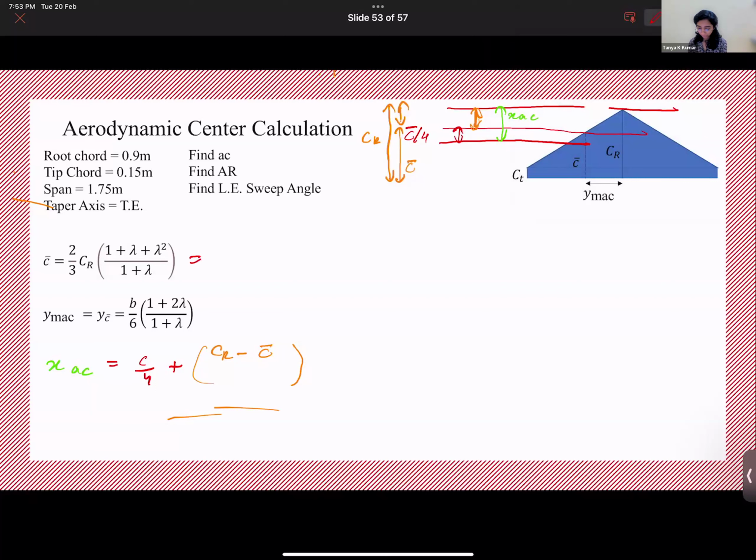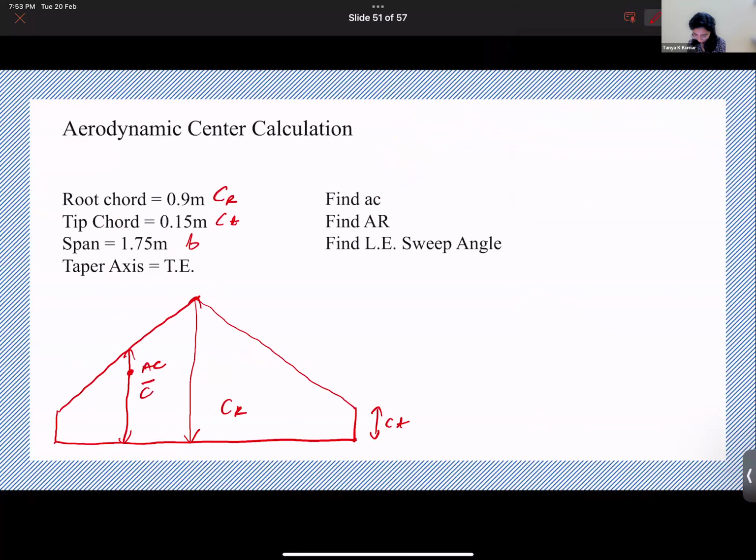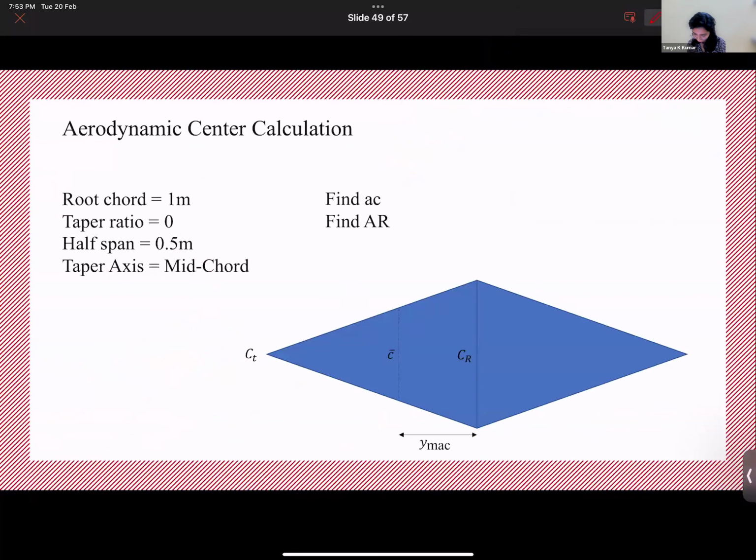So C bar is 2 by 3. Oh, before that, taper ratio, CR by CT, that is root chord is 0.9 by 0.15. That is the taper ratio. What is the value? Taper ratio, what is the formula? CT by CR. My bad.